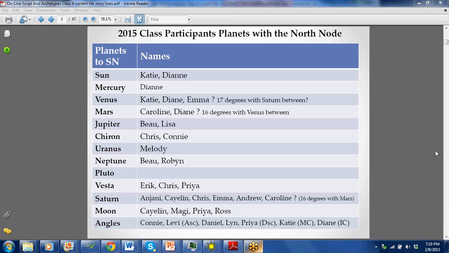Daniel, somebody's asking the question, saying these are just conjunctions, right? So I'm imagining the rest of the question would be, if people have the nodes square the angles, like the Ascendant-Descendant, we're not talking about that. We're talking about the conjunction.